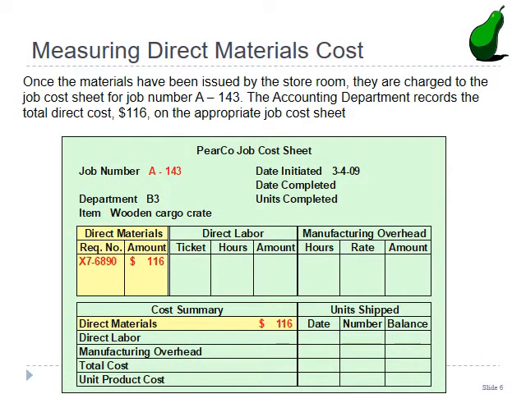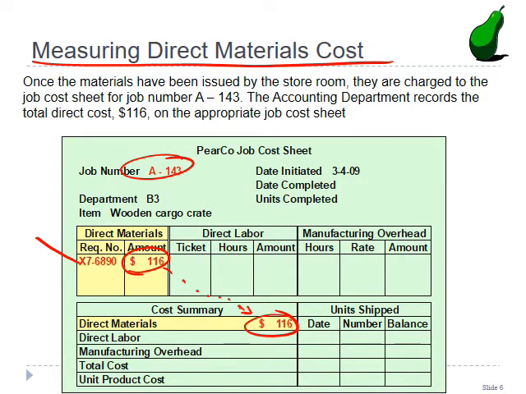See, that cost of 116 here comes here with the material requisition form and the cost summary also. So the crux of measuring the direct material cost is that once the material has been issued from the storeroom, it is charged to the job cost sheet for that job number.